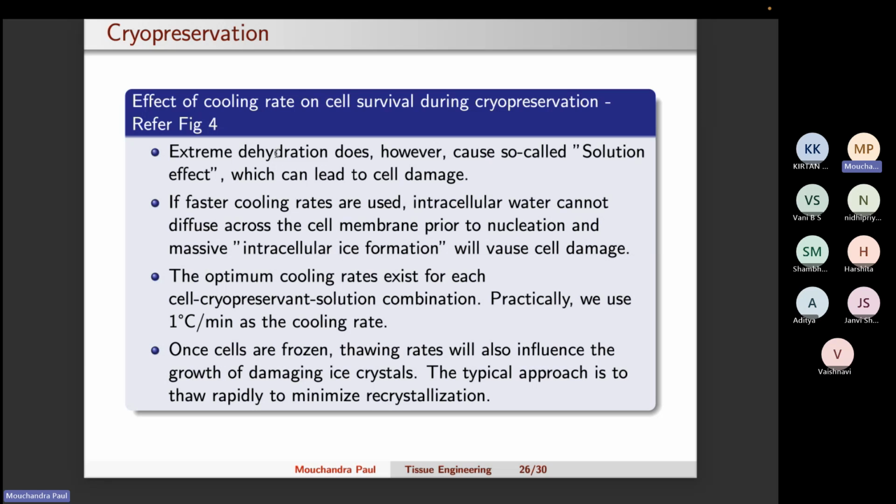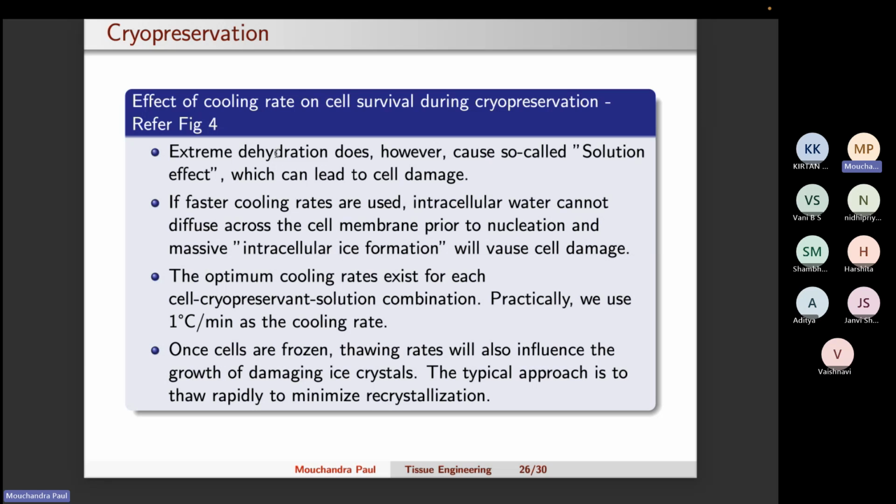So even if you have stored your cells in liquid nitrogen, thinking they are safe and you can use them after 1 year, if the cooling rate is not optimum, then when you revive your cell stock, none of the cells will adhere, all the cells will be dead.